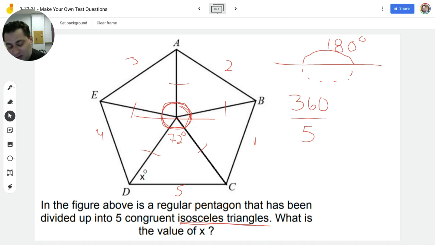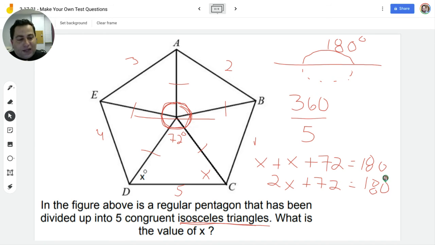So I know that this is also going to be x. So I have, using the triangle sum theorem, x plus x plus 72 equal to 180. I have 2x plus 72 equal to 180.